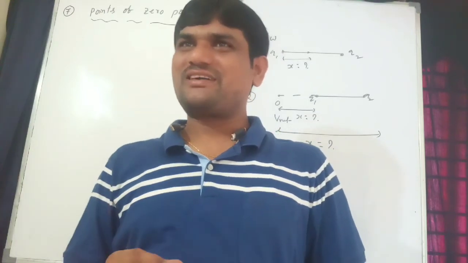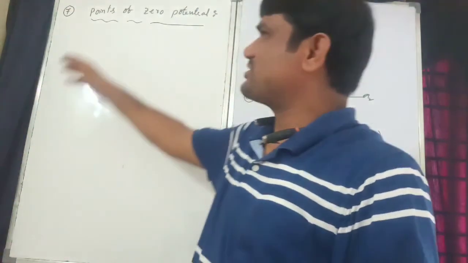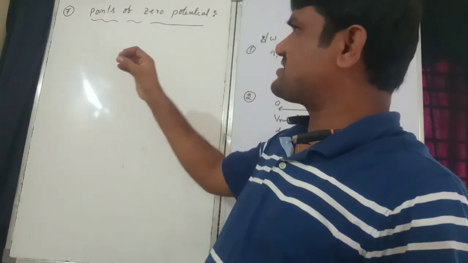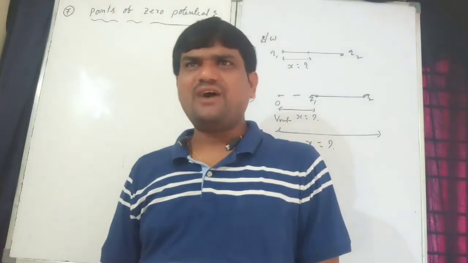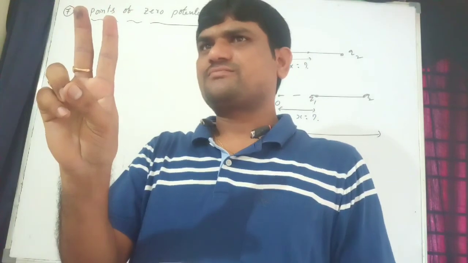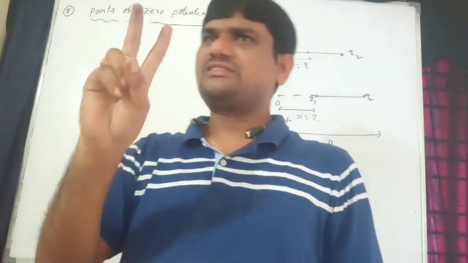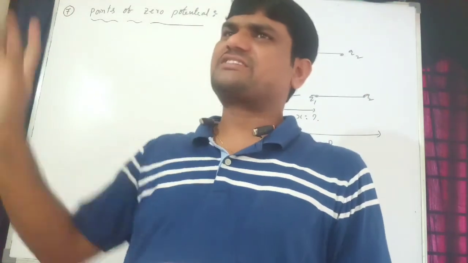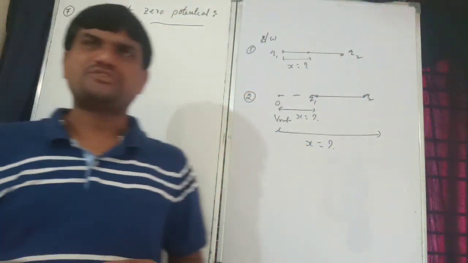Now for potential purpose, we are given points of zero potential. That means 2 points we are having: 1 point between, a second point outside, at what distance the potential becomes 0.